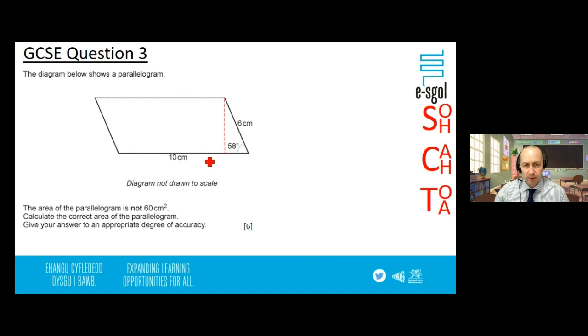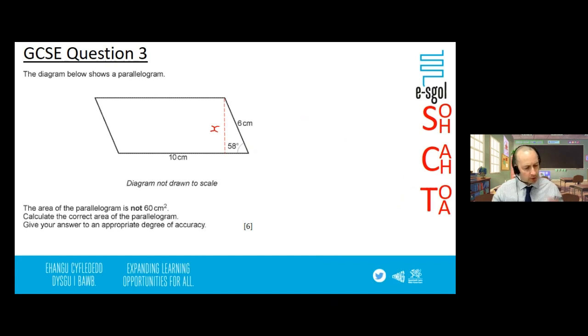So what we're actually finding is this height here. I'm going to label it x. Remember, I can call it whatever I want really, but that's logical. And we're only looking at this little triangle for the first part of the question. So if you haven't worked out the final answer, please pause the video now and then try and work it out.